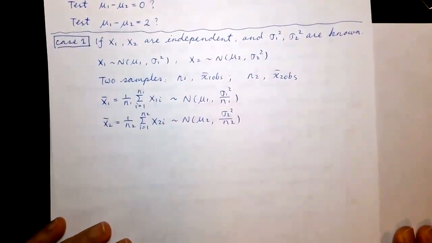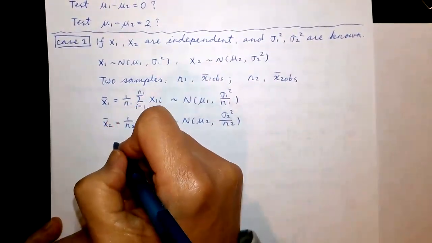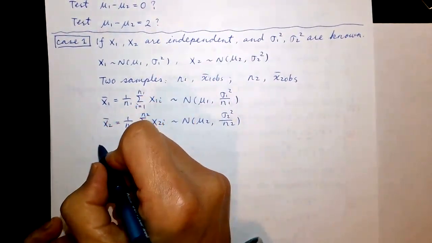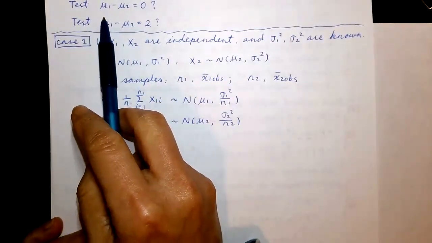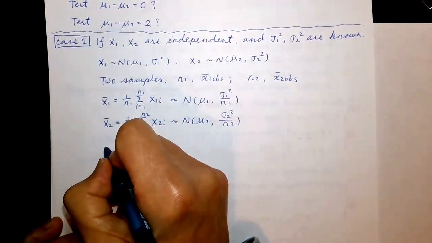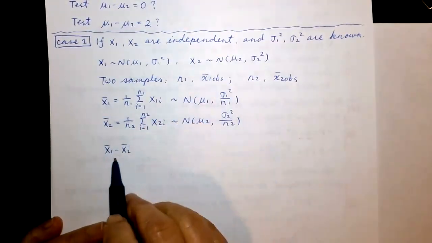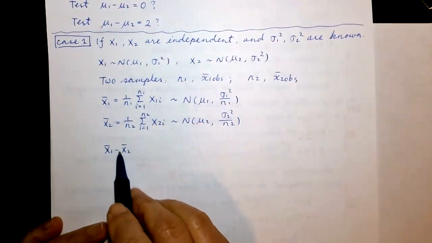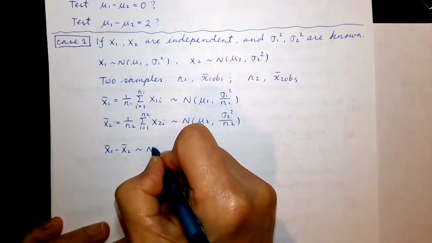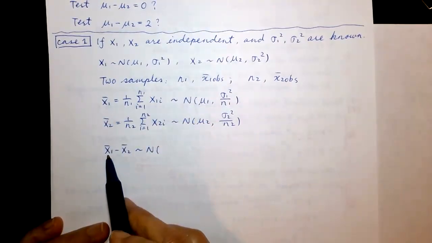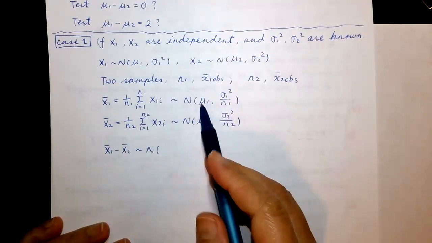Right, so I have x1 bar, x2 bar, two normal variables. Because we are using the form mu1 minus mu2, I do x1 bar minus x2 bar. Normal minus another normal is normal.